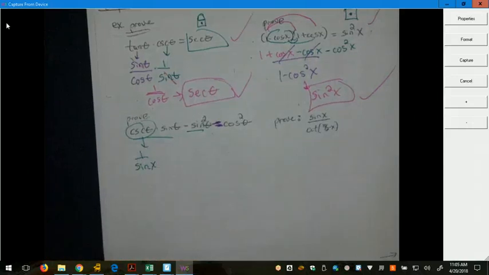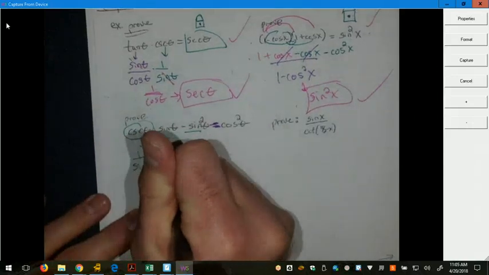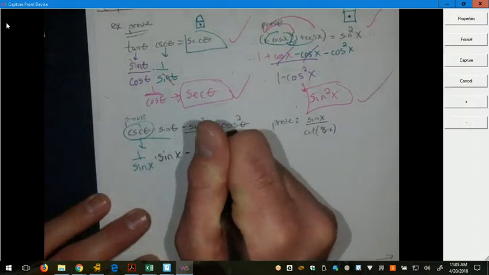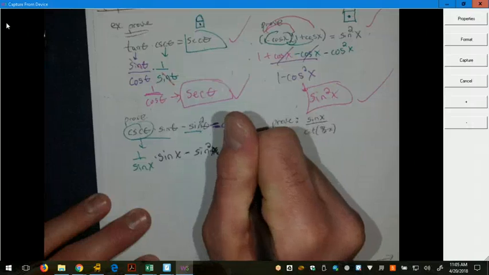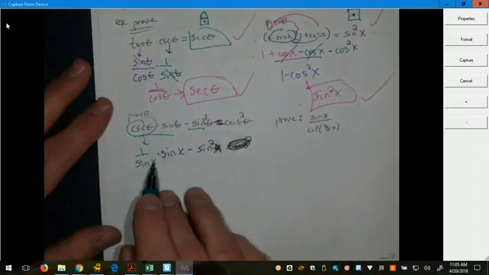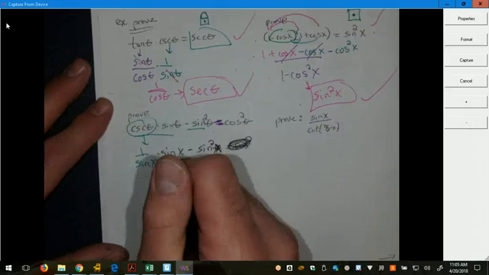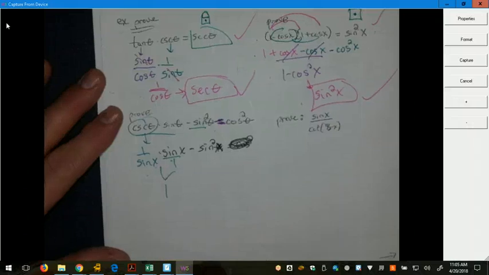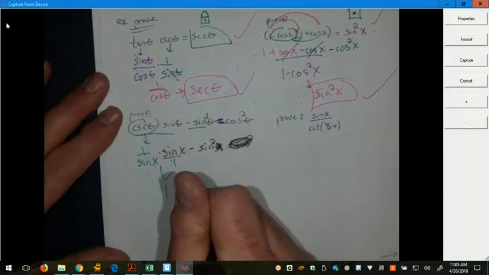And I am multiplying that, hey, times sine of x minus sine squared theta, or of x, equals cosine squared of, well, I'm not doing the equals, I'm just doing the left side. So, wait, 1 over sine times sine over 1 is 1. 1 minus sine squared theta.